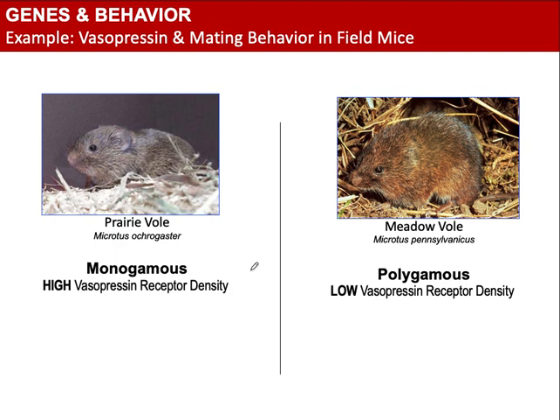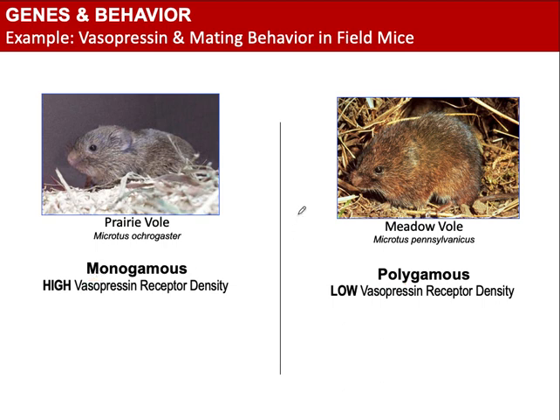Whereas in polygamous species, you can have different combinations. You can have multiple males mating with multiple females, one male mating with multiple females, or one female mating with multiple males. And that's polygamy, right? Poly is multiple, whereas mono is a single or one.